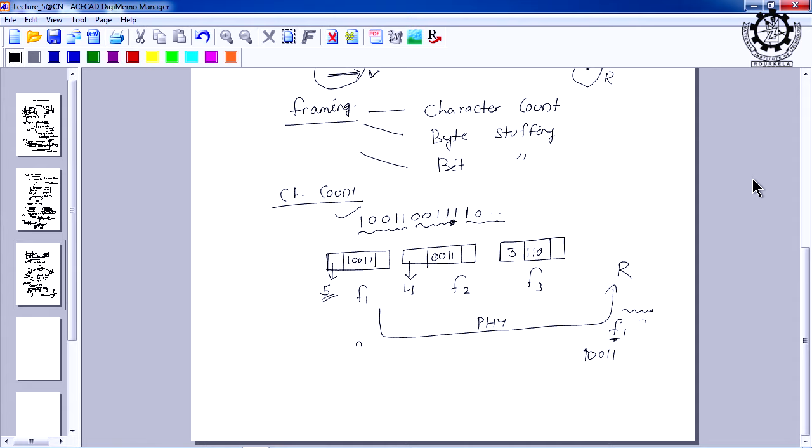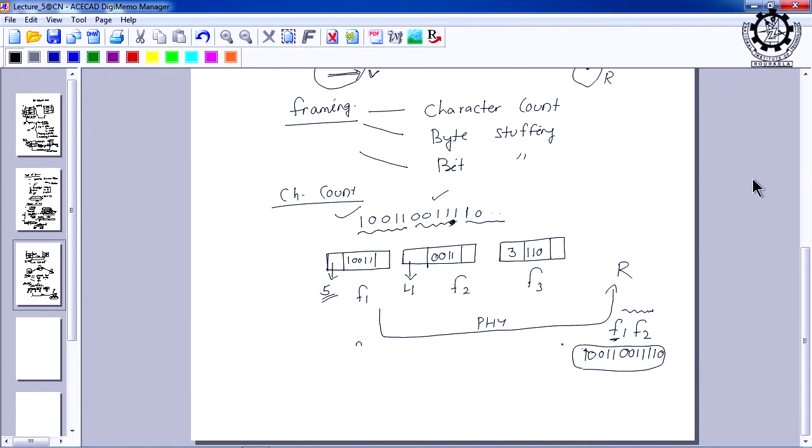Then the second frame arrives and says my frame contains 4 characters. So the next 4, 0011, are extracted as the data, and similarly for 110, the 3 bits are extracted from frame 3. Now the receiver has extracted the whole data from the different frames, and it is the same as the data that was sent by the sender. This is a very simple and easy method of identifying the data from the header field.